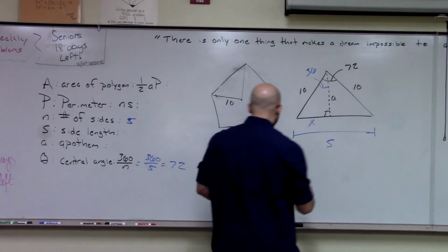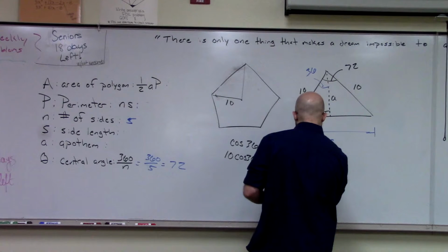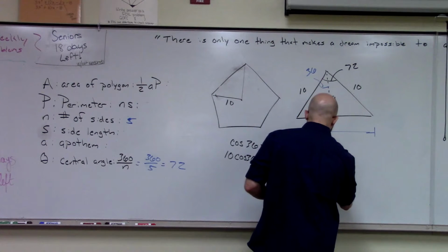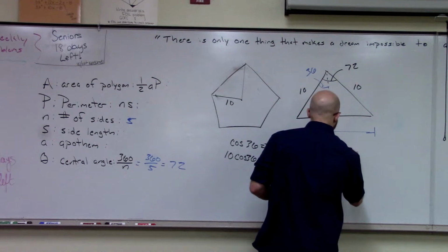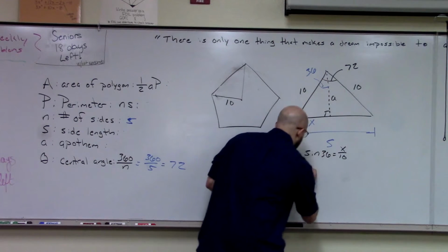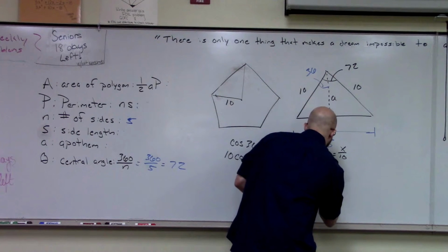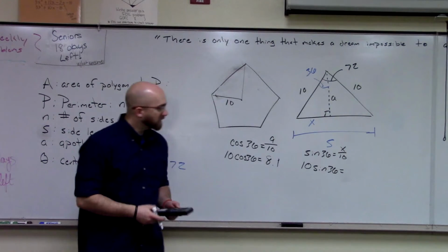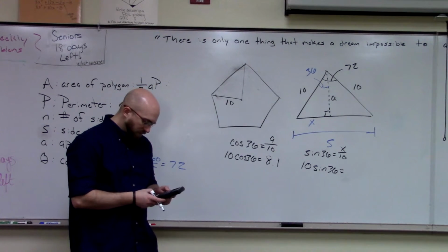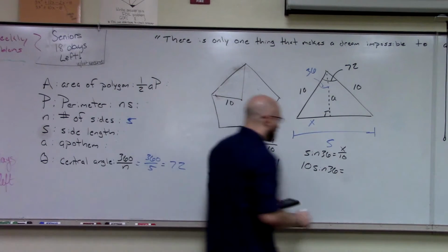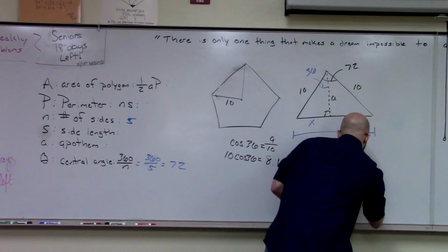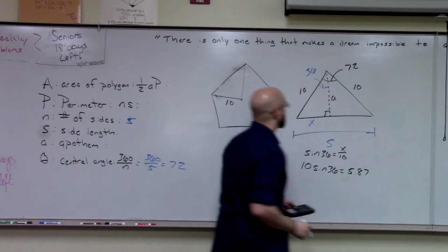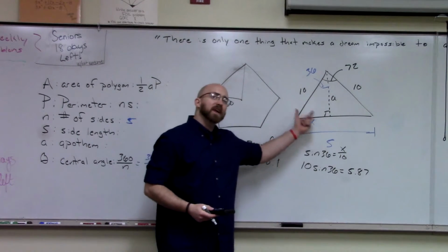Let's find x. That's going to be sine of 36 equals x over 10. So 10 times sine of 36 equals 5.87. Now remember, that's x. It's only half of s.